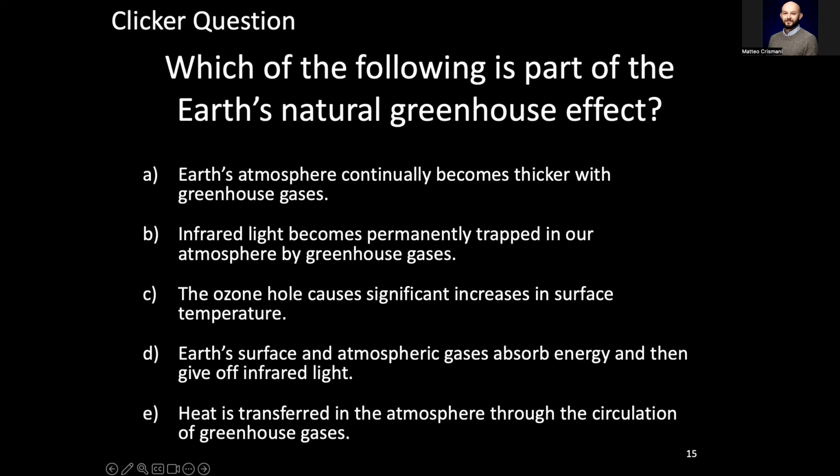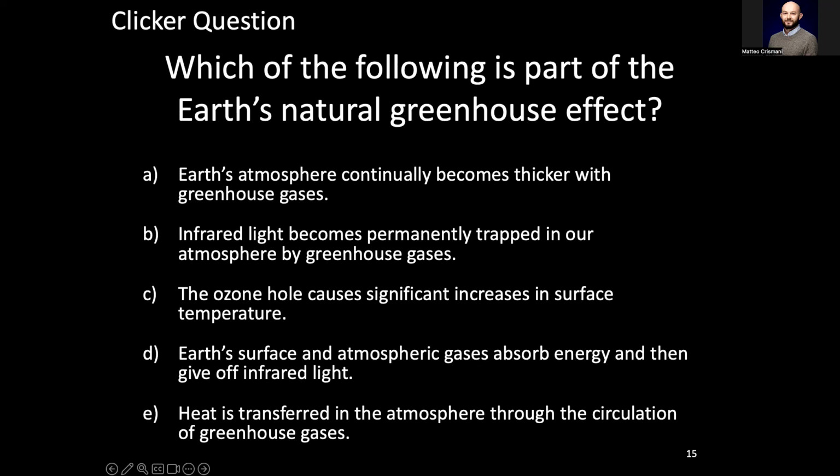Okay, there are some questions that I think we're going to answer. First question is, does infrared light become permanently trapped by greenhouse gases or does it escape? That's going to be the first thing that we're going to answer. Then we're going to ask how the ozone hole was created and how it creates differences for us living on Earth.